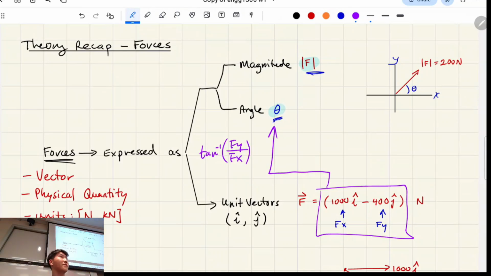That's tan inverse rise over run. That's the way I remember it. Rise because, and run because that. All right, and then to get to magnitude, use Pythagoras. So that would be the other formula.